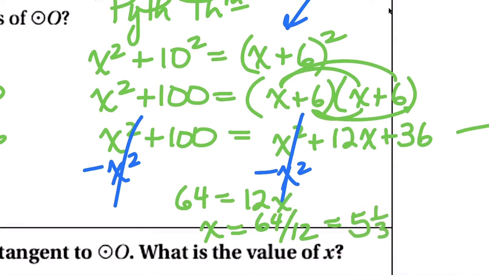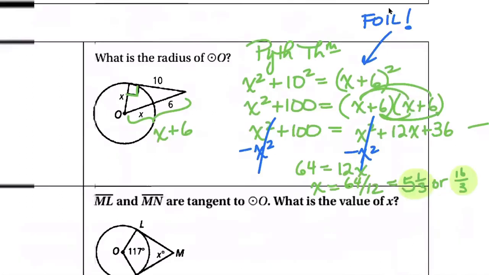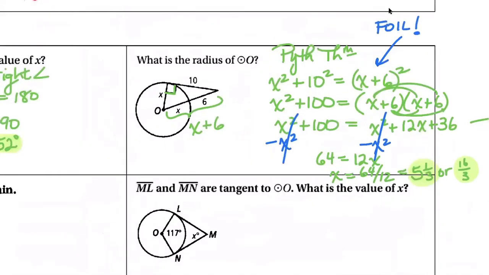Or you could leave it as 16/3, if you took a 4 out of the top and the bottom. Okay, and that would be the radius. Again, super important you remember to FOIL over here. It's not x squared plus 36.